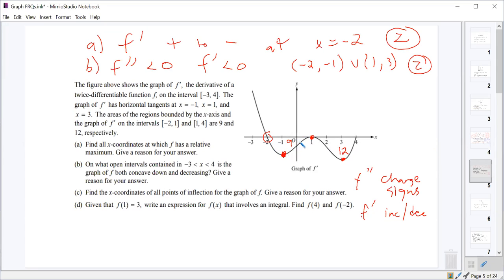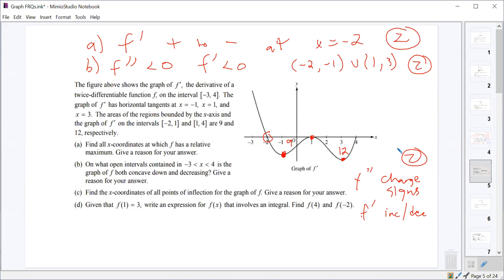They're all going decreasing, increasing, increasing, decreasing, decreasing, and increasing. Oh, and this is worth 2 points. Sorry, somebody just asked about that.